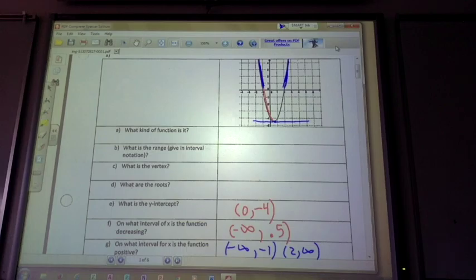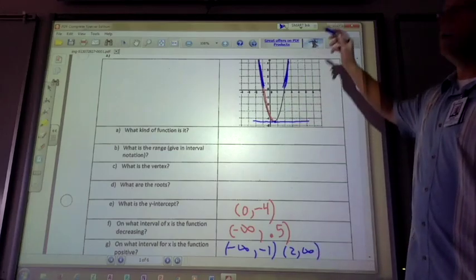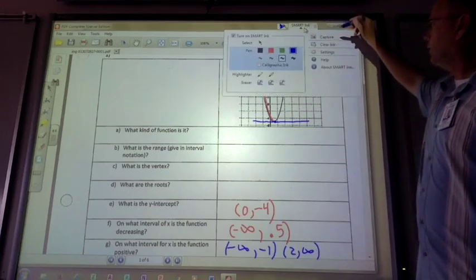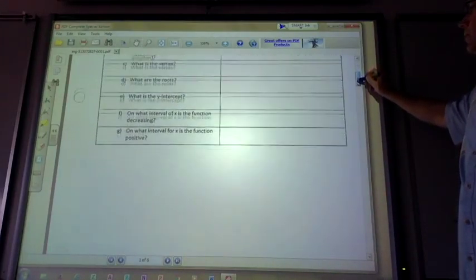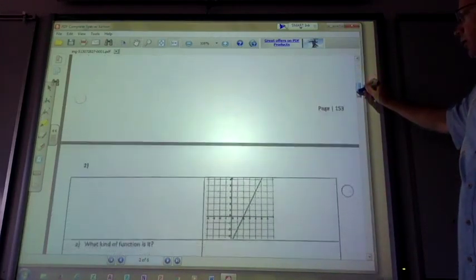If the rate of change is negative, it's decreasing. If the rate of change is positive, it's increasing. That's really the whole gist of increase and decrease. And I'm recording it as well, so this would be good stuff if you needed to go back and watch to help you out. Okay, next page.